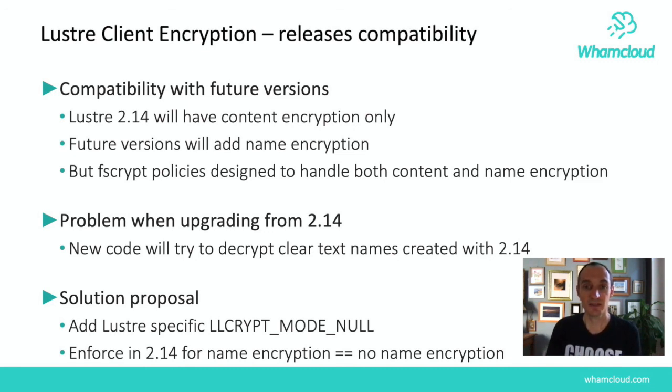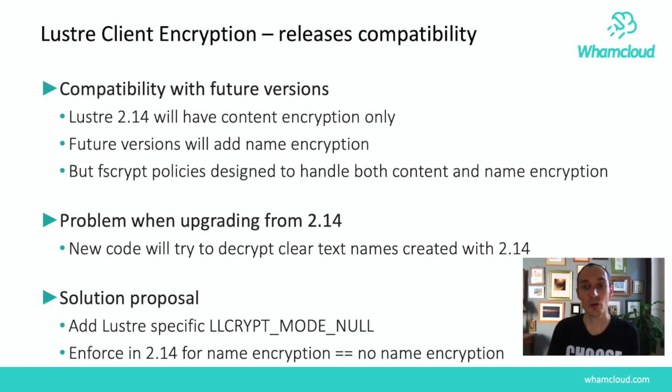Then in this case, this new version of the Lustre code would try to decrypt names that are actually not encrypted. So we need to tell Lustre that some files have only their content and not their names encrypted.